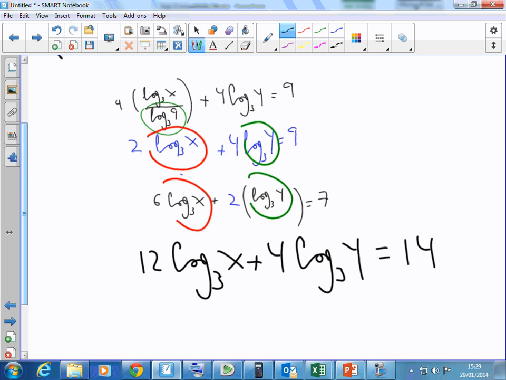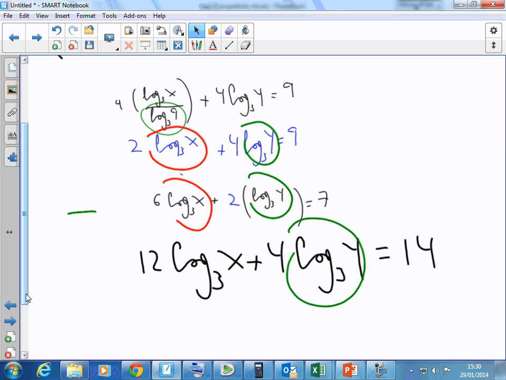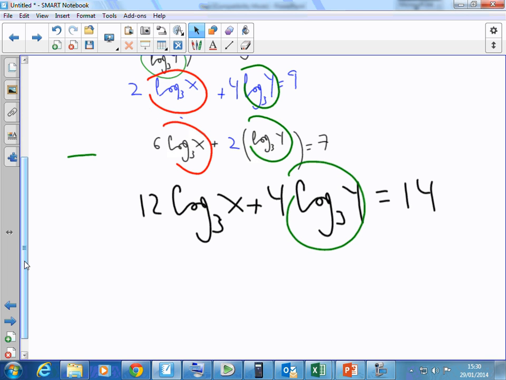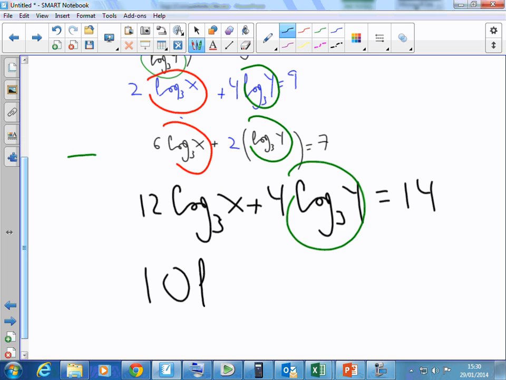Good. So now this equation subtract that equation, we have here 12 minus 2, which is 10 log to the base 3 of x. The y's have been eliminated. We're left with 5. 14 minus 9 is equal to 5.